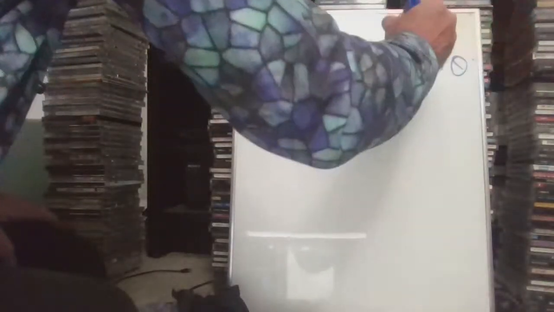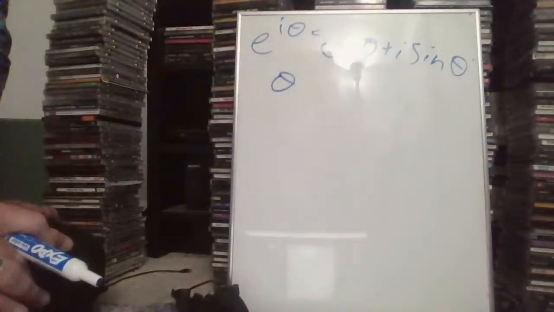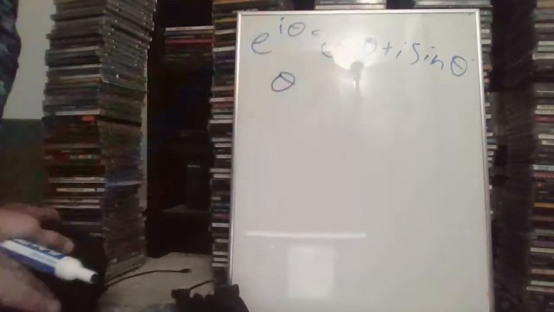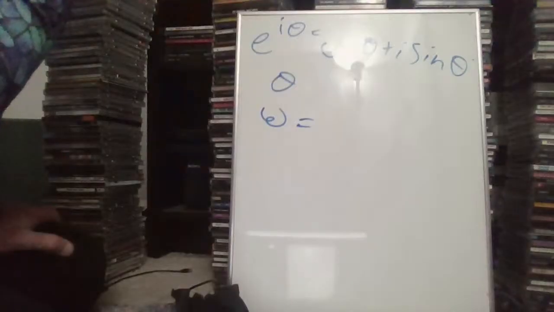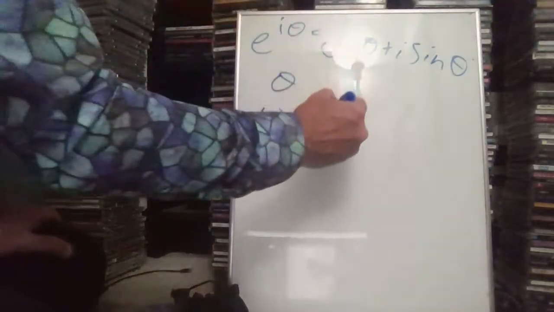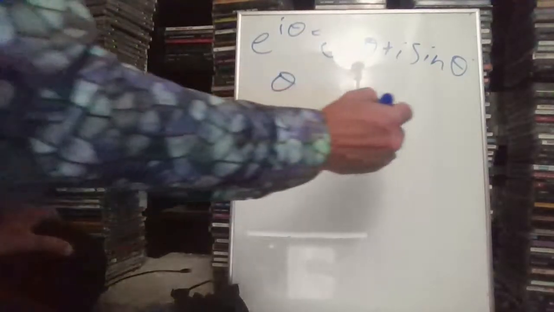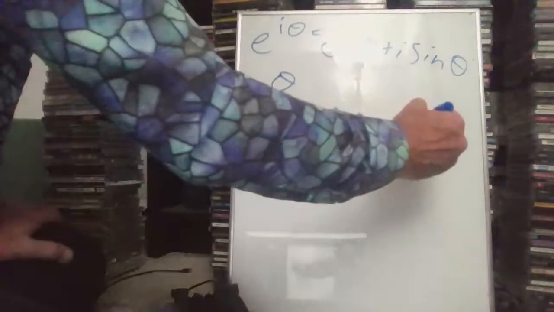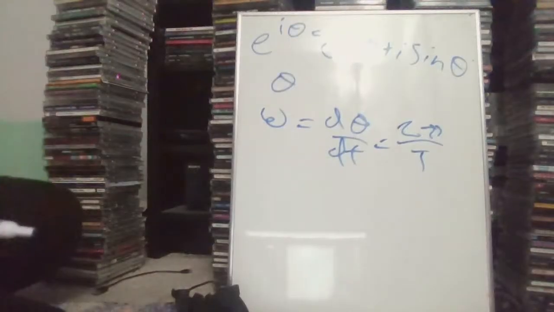And we said before that e to the I theta equals cosine theta plus I sine theta in math. Well, if theta is an angle and the angle is moving, it has angular velocity, then if omega is angular velocity, it is d theta dt, the rate of change of theta in time, which is 2 pi over the period, fundamental or otherwise.